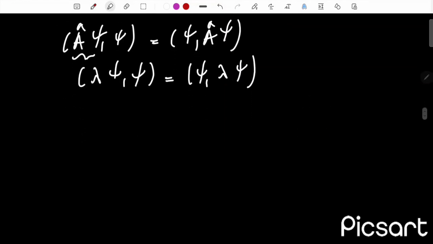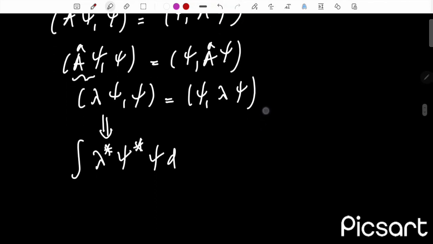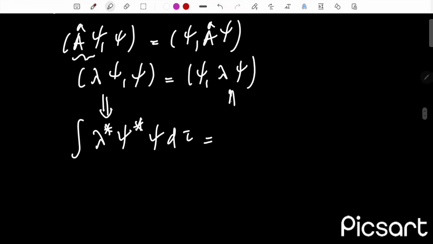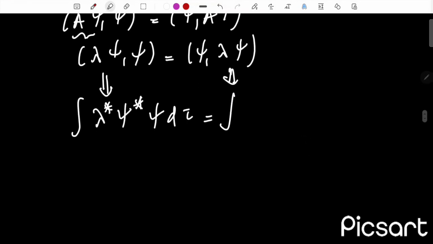Okay. And also remembering the definition of inner product, this term will be equal to lambda complex conjugate times psi complex conjugate times psi, on the whole space. We are working on the whole space. And also having, for this expression, psi complex conjugate lambda psi d tau.